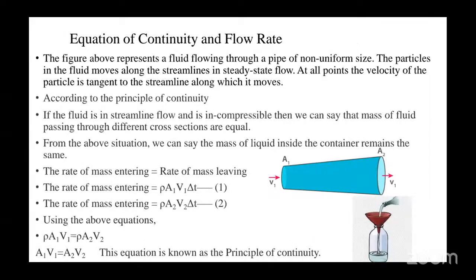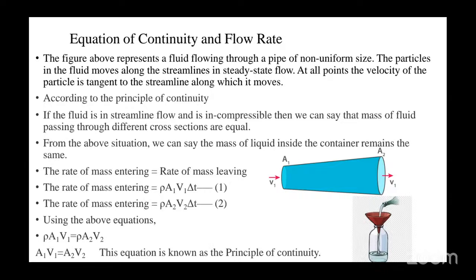So we have our mass is equal to density times volume. Remember, we are looking at mass rate, which is equal to m over t. Mass rate is m over t. So mass will become volume, density, and t, where volume is AV.